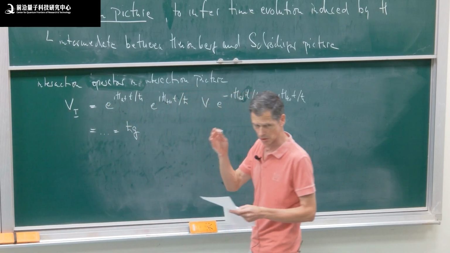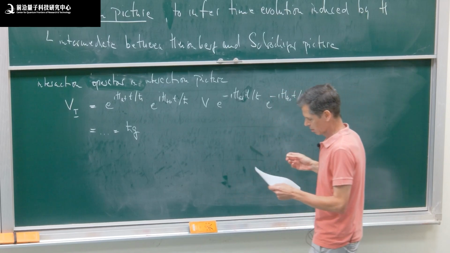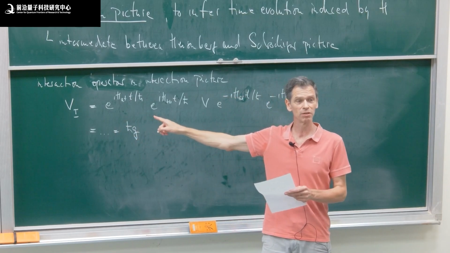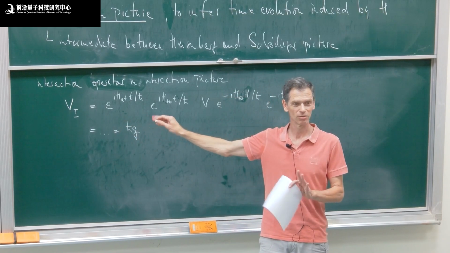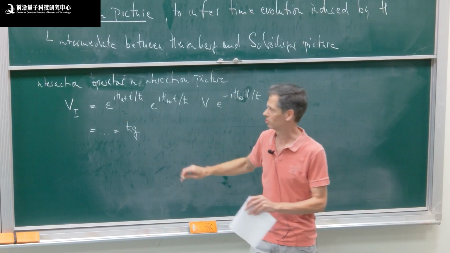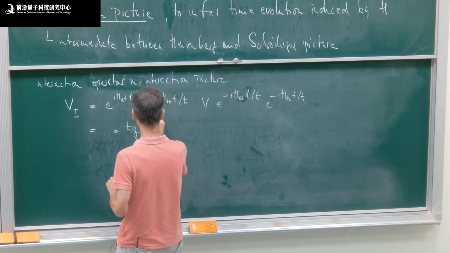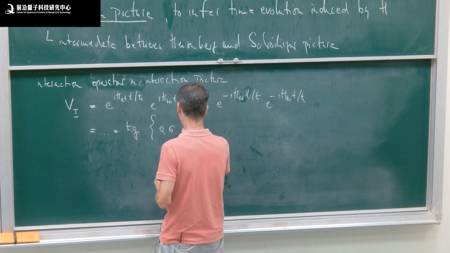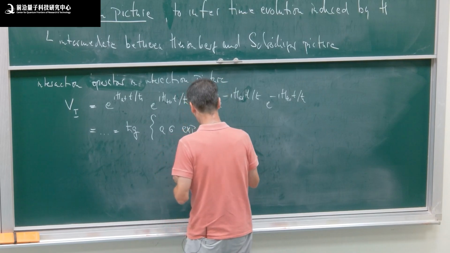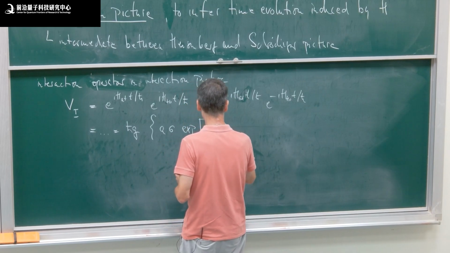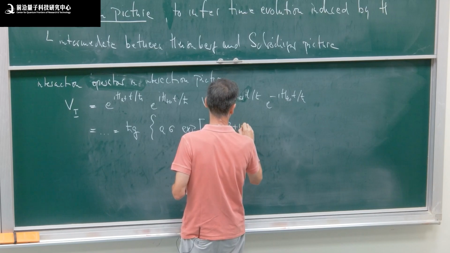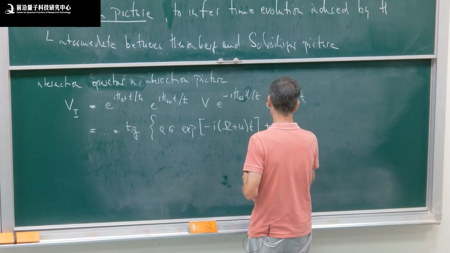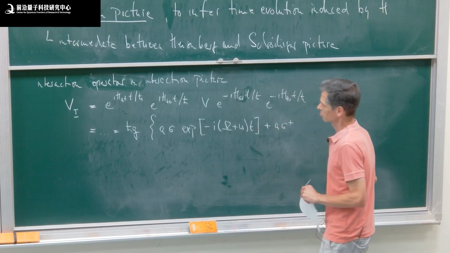Now that's going to be a longer expression, okay? Everything okay? Okay, good. So now a sigma, times the exponential of minus i (Ω plus ω) times t, plus a sigma dagger.